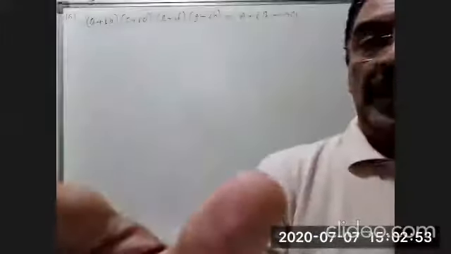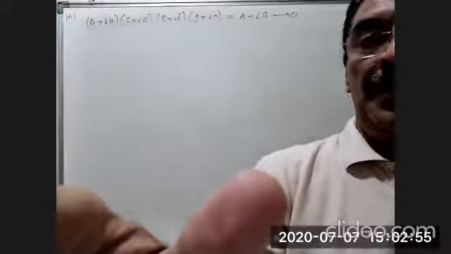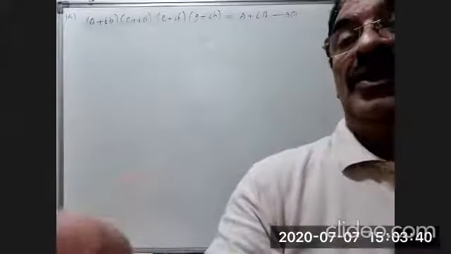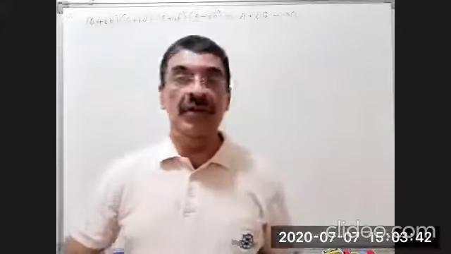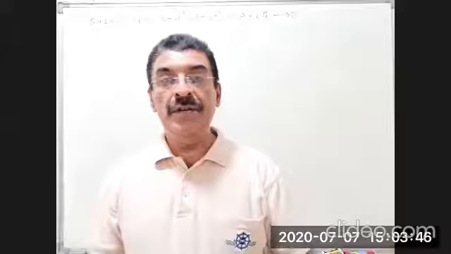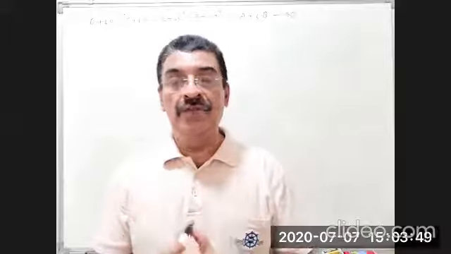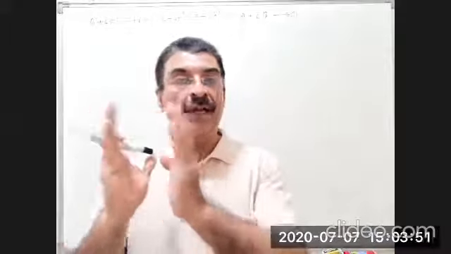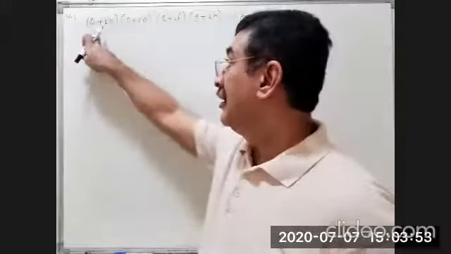A conjugate can be written only if the number is in standard form after separating real part and imaginary part. Here, it is not in standard form.